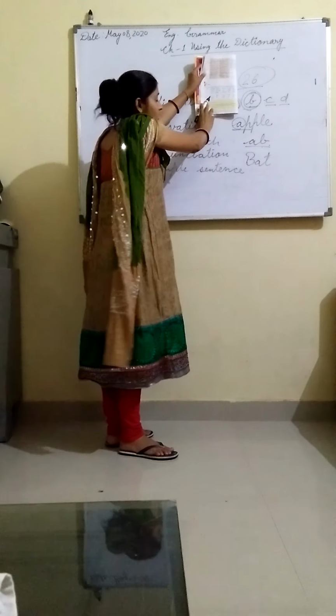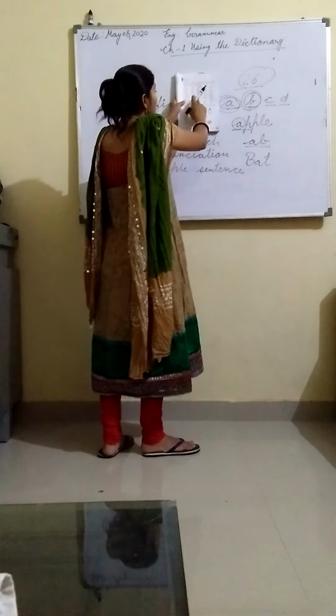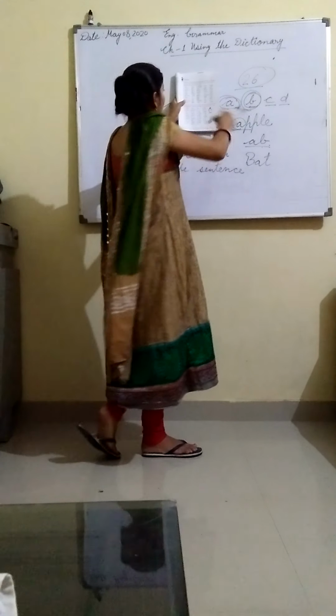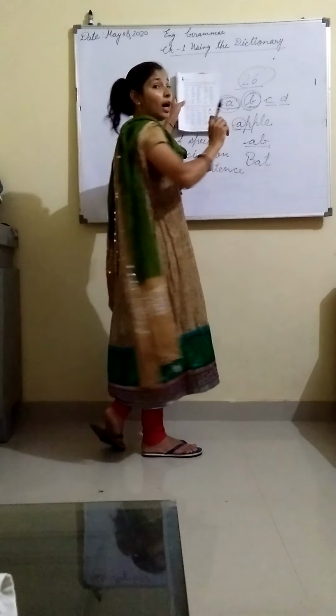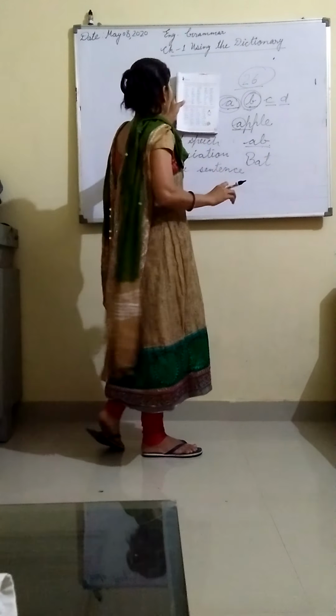Whichever word comes before them, you have to circle. And the word that comes after the highlighted word, you have to underline. So the first one you get here is insect, industry, irritate or irrigate. So here you circle industry and underline irritate.